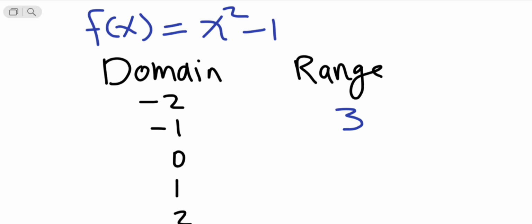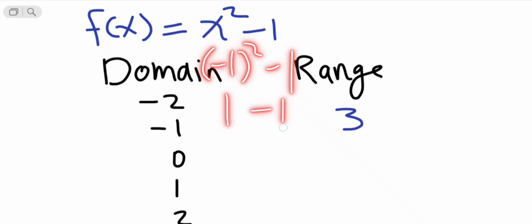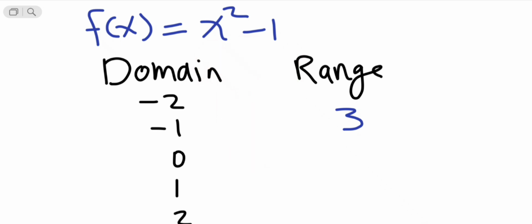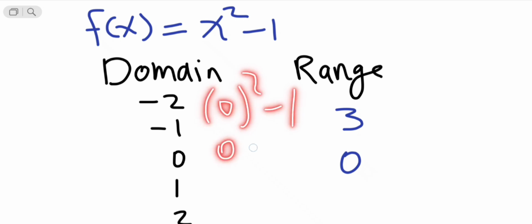Okay, now replace x with -1. -1 square minus 1. -1 square is 1, minus 1, which is equal to 0. The next, replace x with 0. So 0 square minus 1. 0 square is 0. So 0 minus 1 is equal to -1.